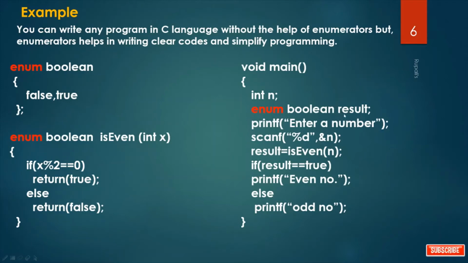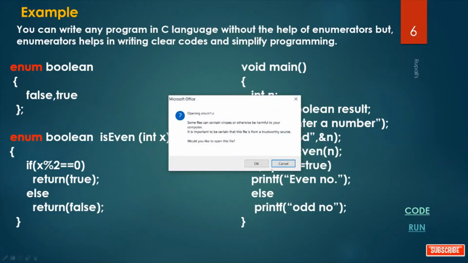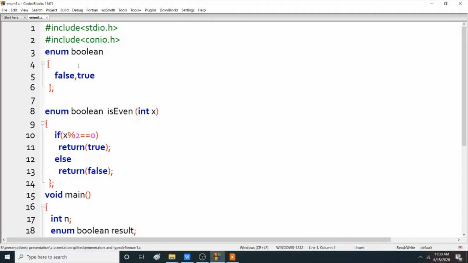So result is of type enum boolean. If the result is true, then it is an even number, otherwise it is an odd number. And what is the value of true here? 1. And what is the value of false here? It is 0. See the code. So this is our enum boolean, false and true. False is 0, true is 1.